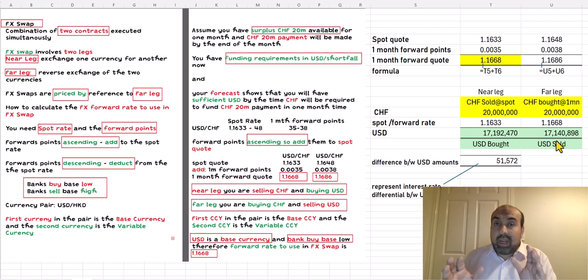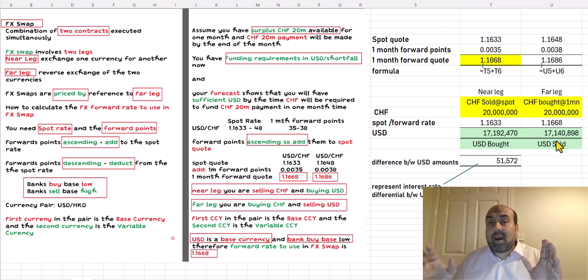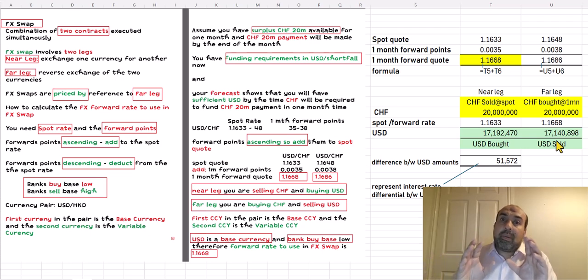Now if you look at the US dollar that we bought in the near leg and the US dollar we sold in the far leg, the difference between them is 51.57k, which represents the interest rate differential between US dollar and CHF.